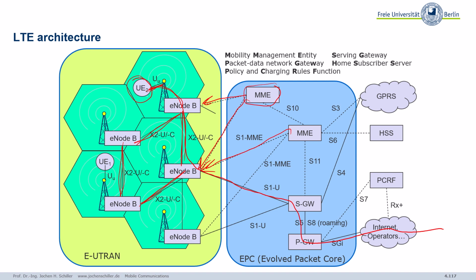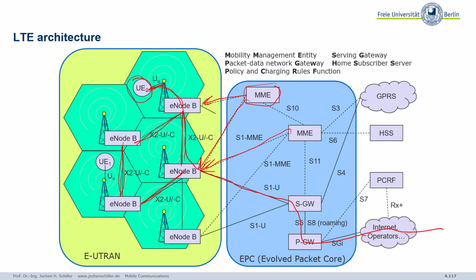The MMEs have functionality similar to our visitor location register. So we have a database, we know who's where. We have so-called gateways that are our routers, the serving gateways, and then we have the gateways to other networks, our packet gateways, routers that forward packets as we know it from the internet.